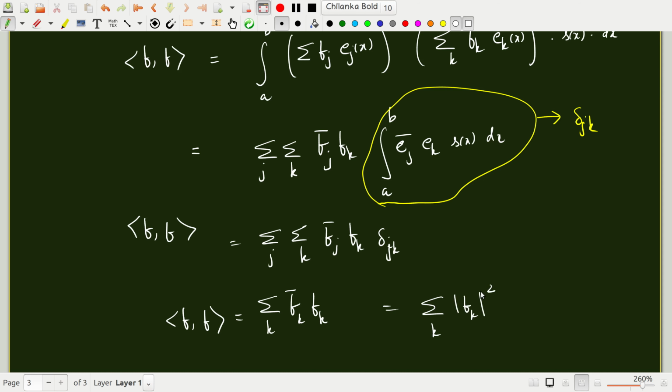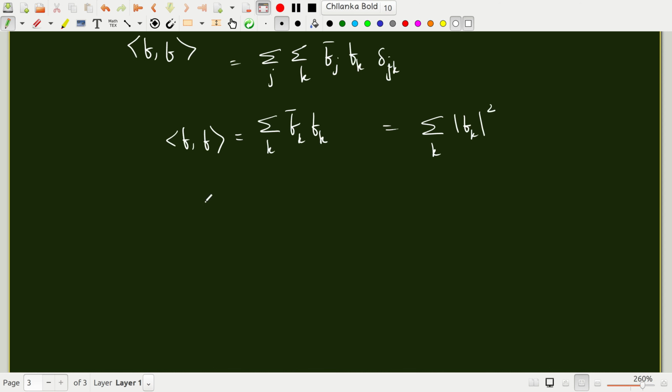This is called Parseval's equality. The inner product of the function with itself is the sum of the squares of the magnitudes of all the coefficients.